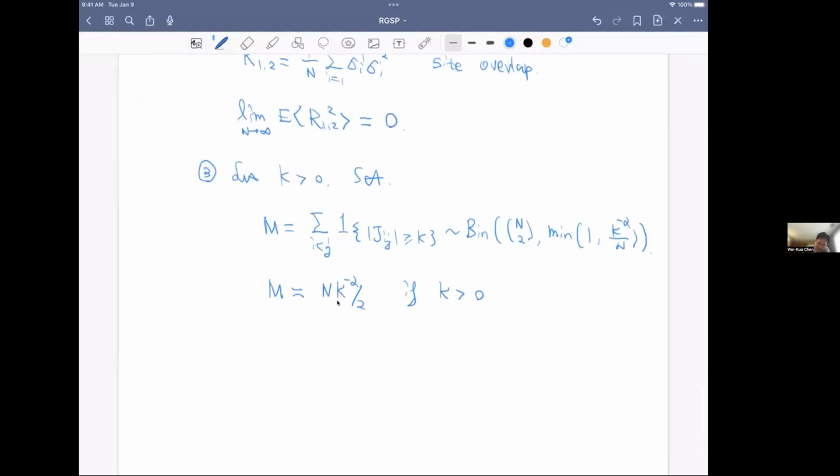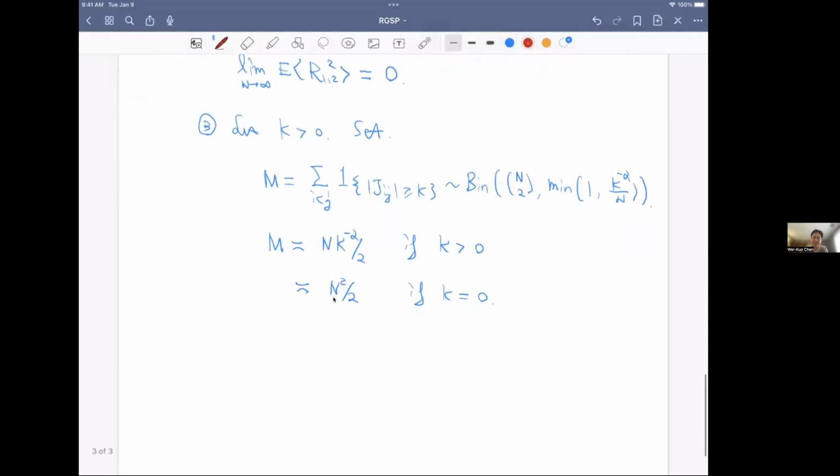On the other hand, this guy would be of order n squared divided by 2 if k is equal to 0. Okay, I think this should be good for now. So this is what I mean by the edges with the heavy tail, with the heavy weights.